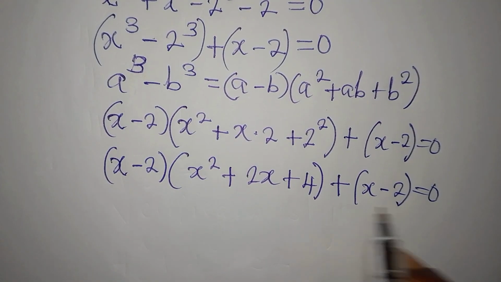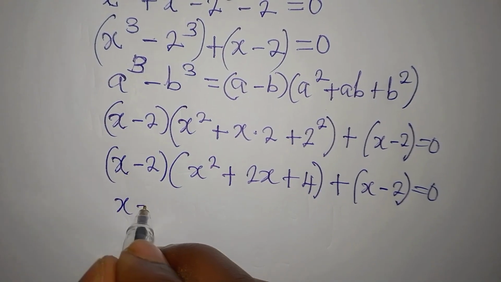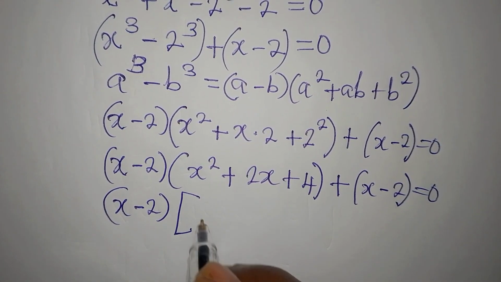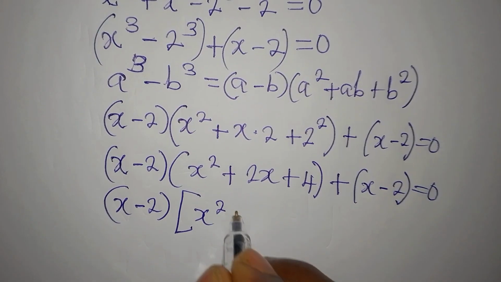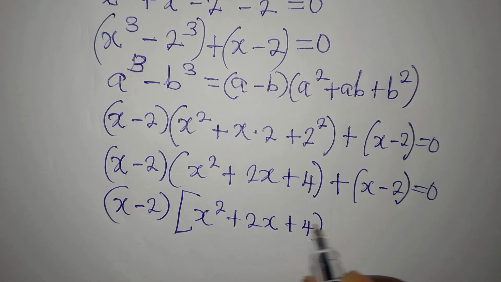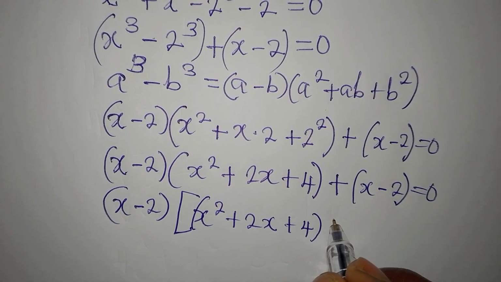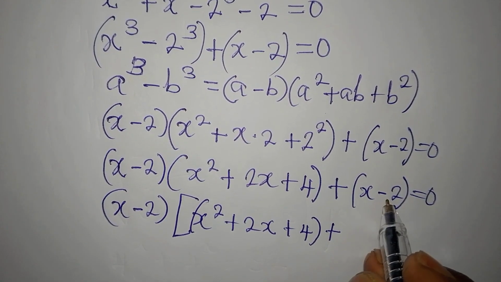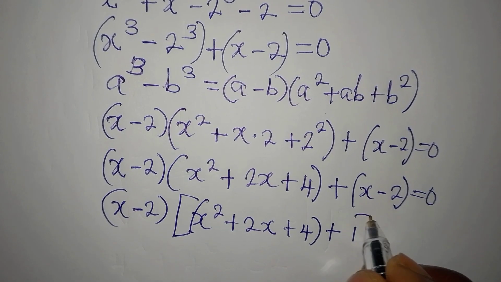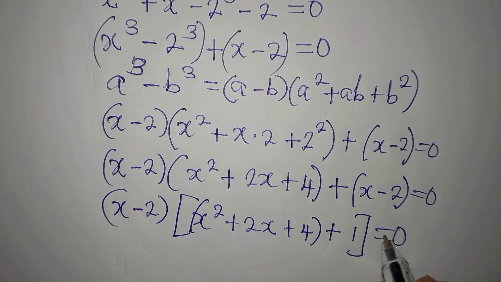Now, x minus 2 is here and it's over there, so x minus 2 will come out. What will be here is this x squared plus 2x plus 4. Then plus x minus 2 divided by x minus 2, that will give us 1. Then this is equal to 0.